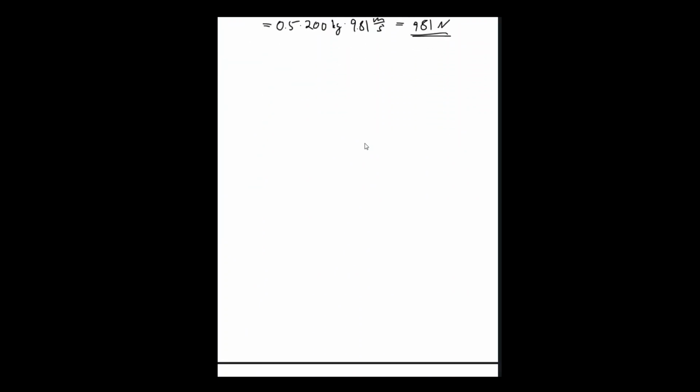So let's just draw our free body diagram real quick. This is our box. This is our weight. We have P acting here somewhere. We know that this is the height that we're basically looking for.